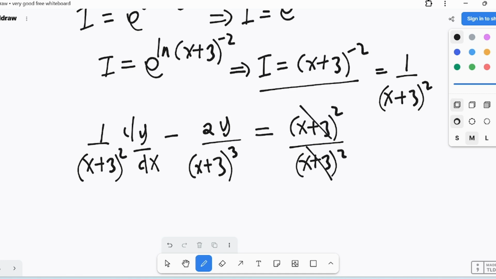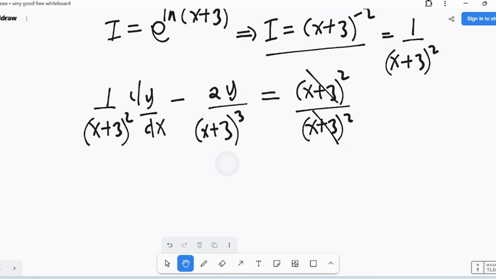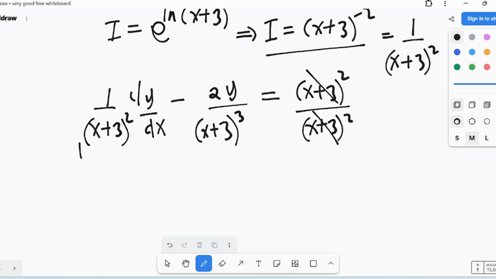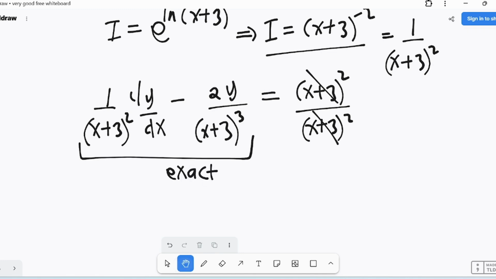Now if you keenly see, this has gone back to what we call an exact DE. We can retrace where it came from.